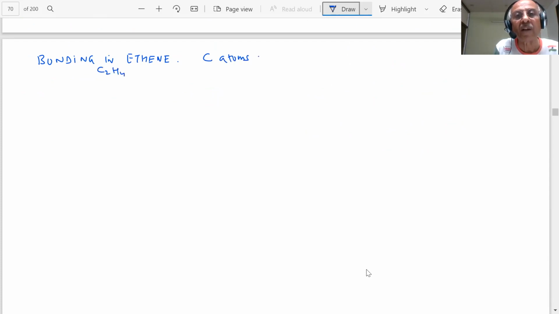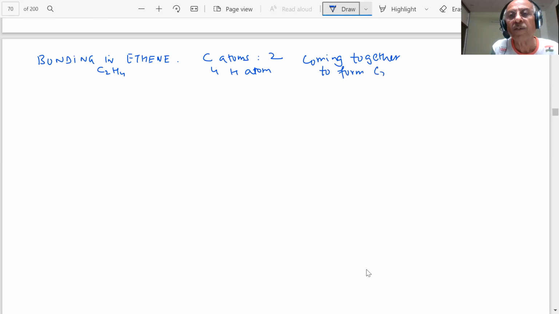C2H4. How many carbon atoms? 2. And how many hydrogen atoms? 4. They are coming together to form this ethene molecule, C2H4. What will happen, student?